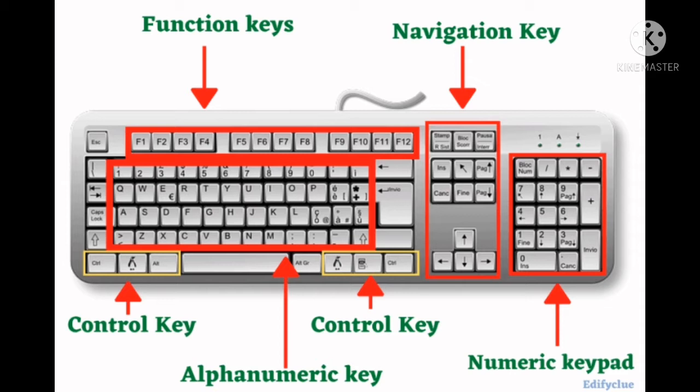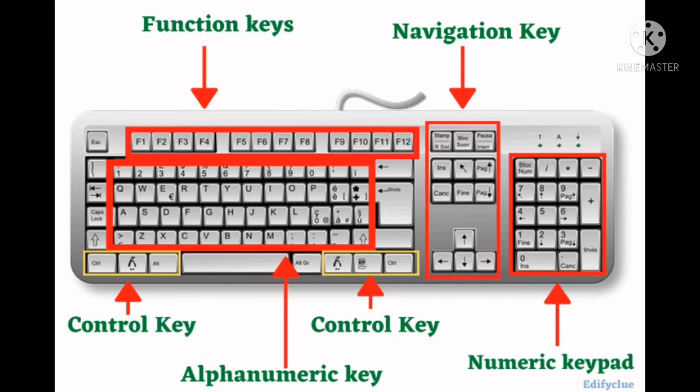Examples for navigation keys: arrow keys, page up, page down, home, end and so on. Next, control keys: alt, control, windows, escape and so on. These are all control keys.